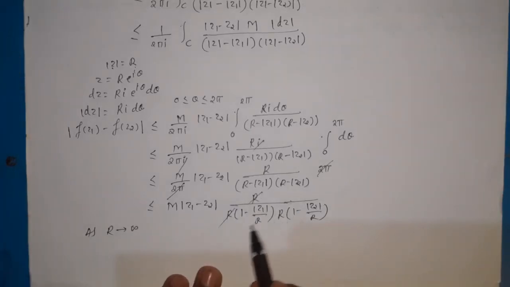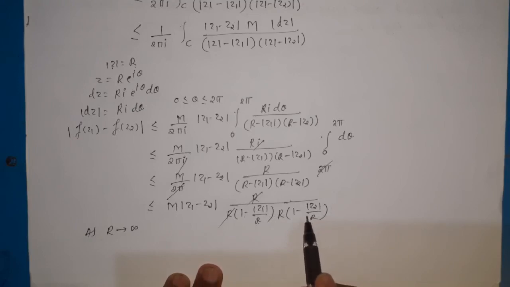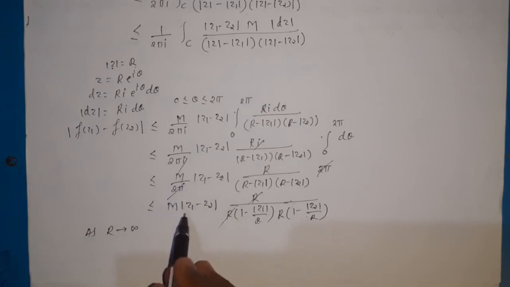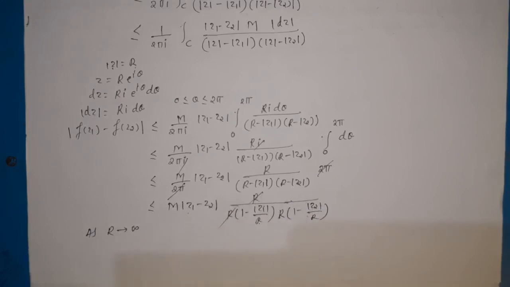Whenever we apply R tends to infinity, this becomes 1 by infinity, which is 0, then remaining 1, here also this becomes 1. So 1 divided by R is remaining, and 1 by infinity is 0, then 0 into this one is also equal to 0. So this total quantity becomes 0 as R tends to infinity.